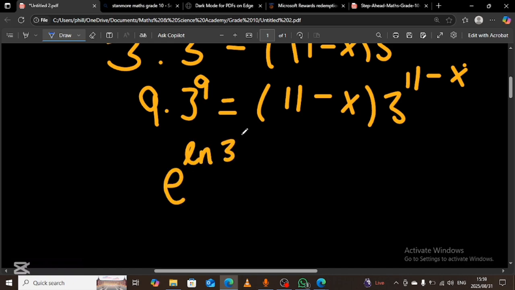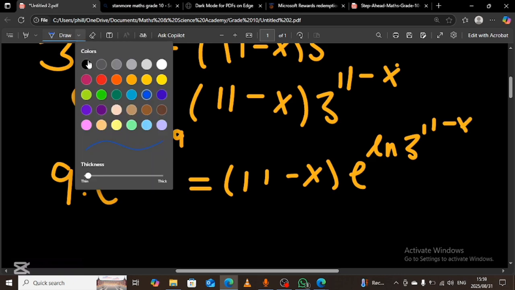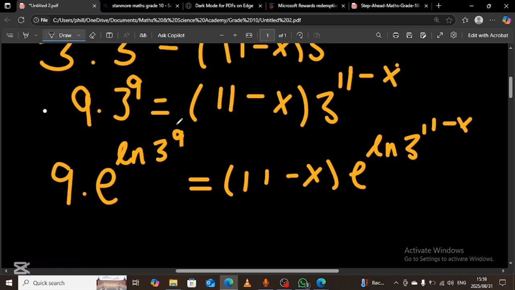We eventually know that this is equal to 3 to the power of 9, and we can also apply that on the right hand side, giving us e to the ln 3, to the power of 11 minus x.